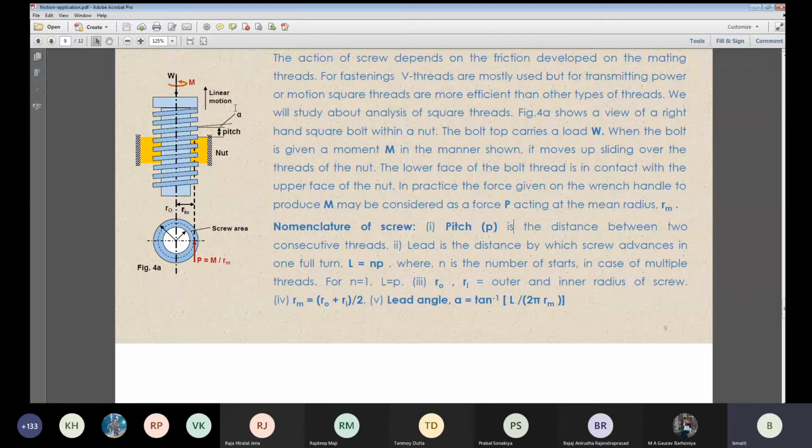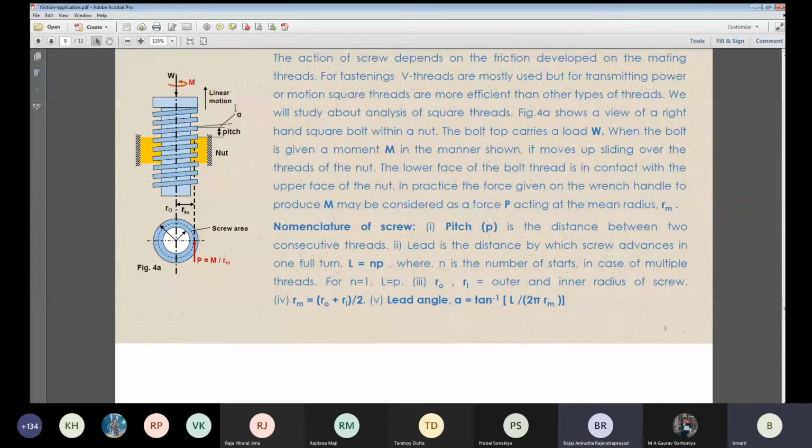Just beside that one, as I told you, one red thread, another green thread, you have made the threads. Now in this particular case, what will be happening? In the earlier case, by one rotation, you are moving 1 mm. Now by one rotation, you are moving 3 mm. Are you getting my point? Yes, sir.